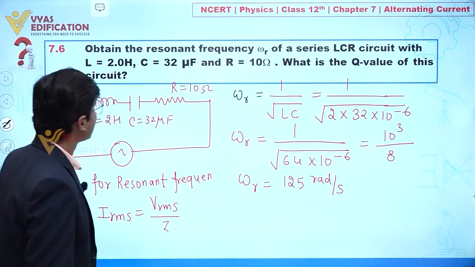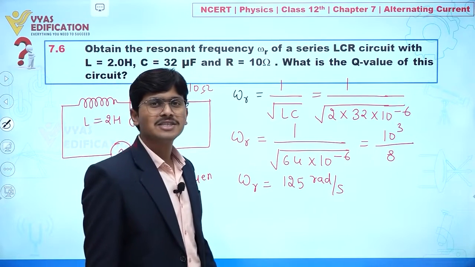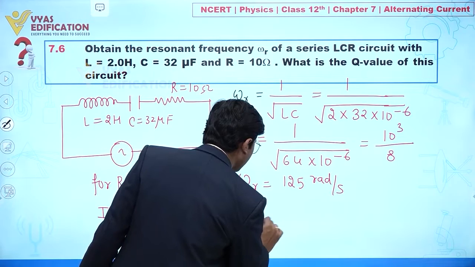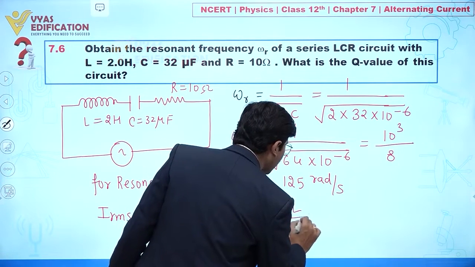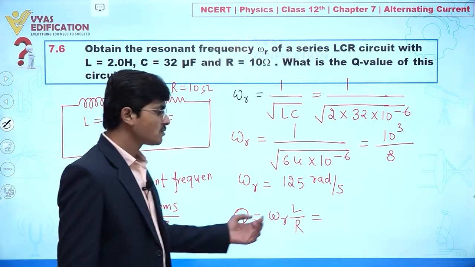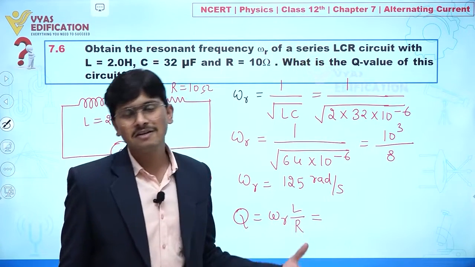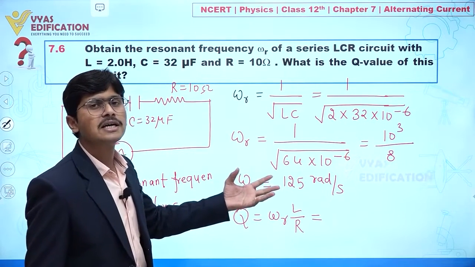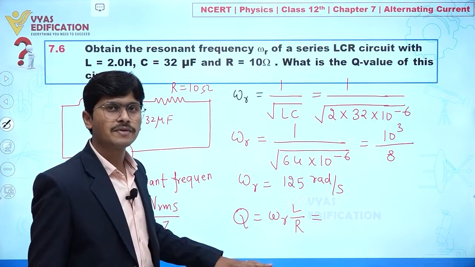Clear to everyone? Now the next objective in this question is to calculate the value of Q. So the Q value is given by one formula, omega R L by R. Clear? Omega R L by R. From where are we getting this? There is a derivation behind this expression. You can go through NCERT as well, or any reference. Clear?